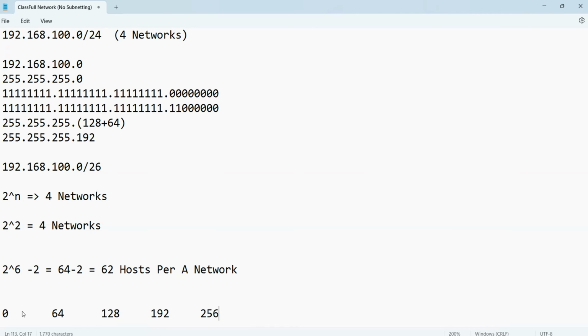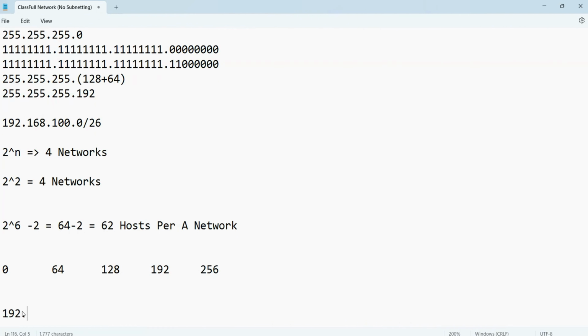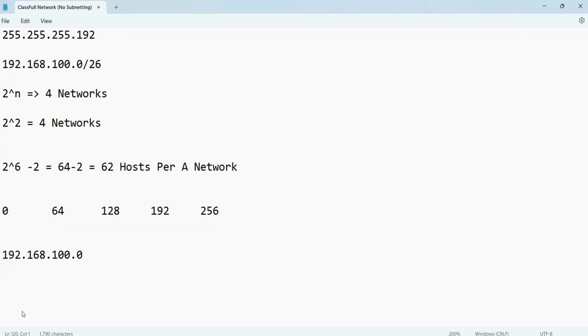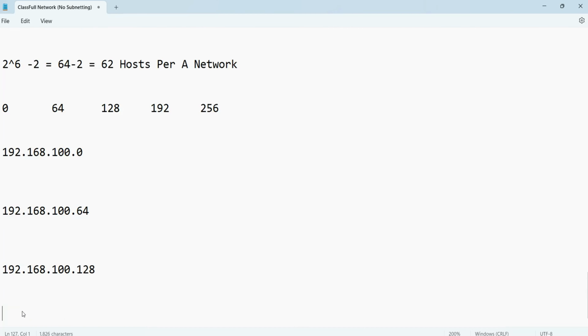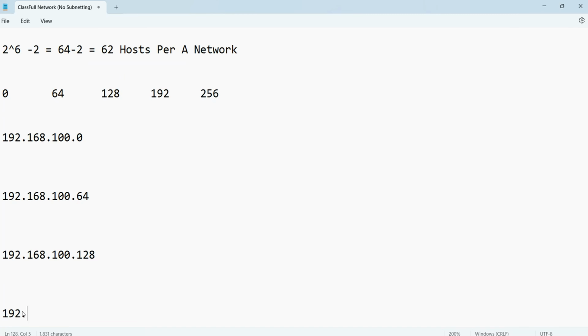Here are my 4 networks. What is my first network? 192.168. The first three octets don't get touched. 100.0. My second network is 100.64. My third network is 100.128. And my last network is 100.192.